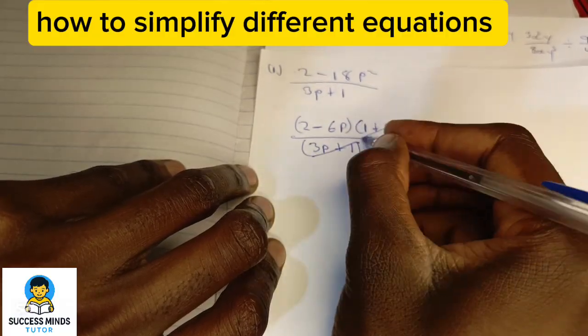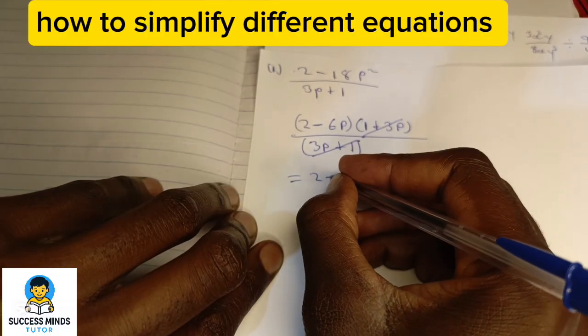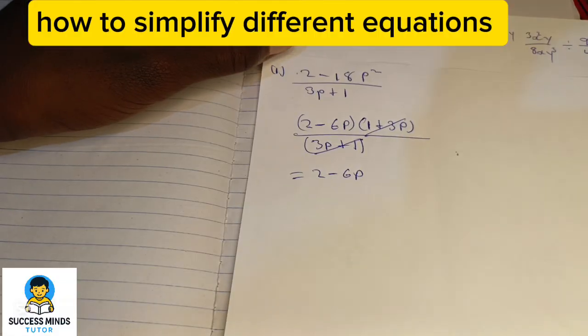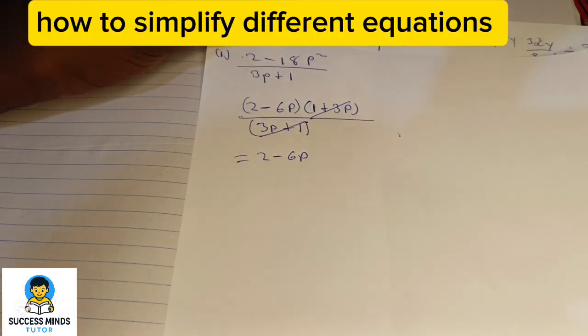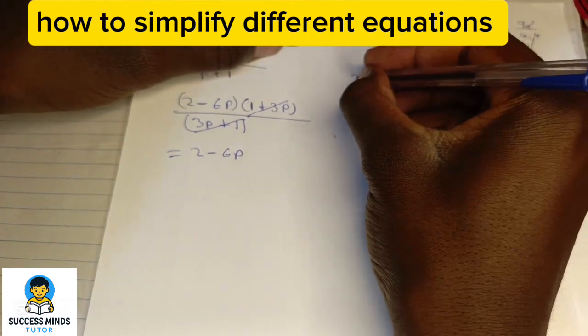So this one goes, that one goes. The answer is equal to 2 minus 6p. Okay, you guys are following? This is the answer.